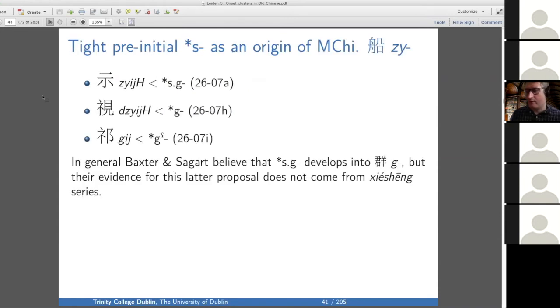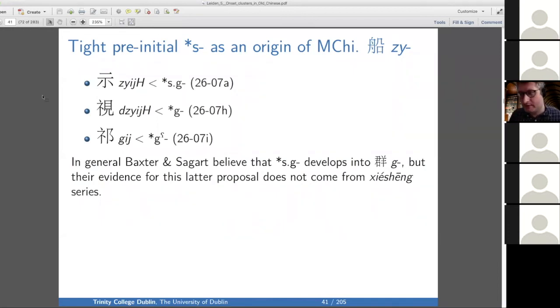And now we go from origins of Z to origins of zha, and they're very parallel to the origins of sh that we saw. So here is a series that is clearly velar because it mixes j in type B and g in type A, and then it has a zh initial.